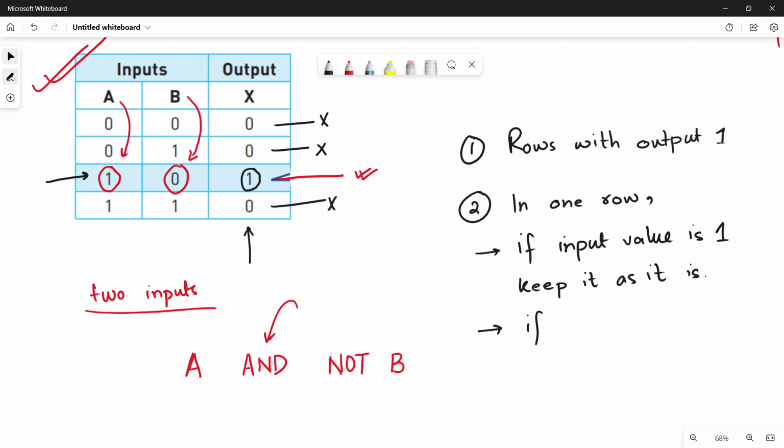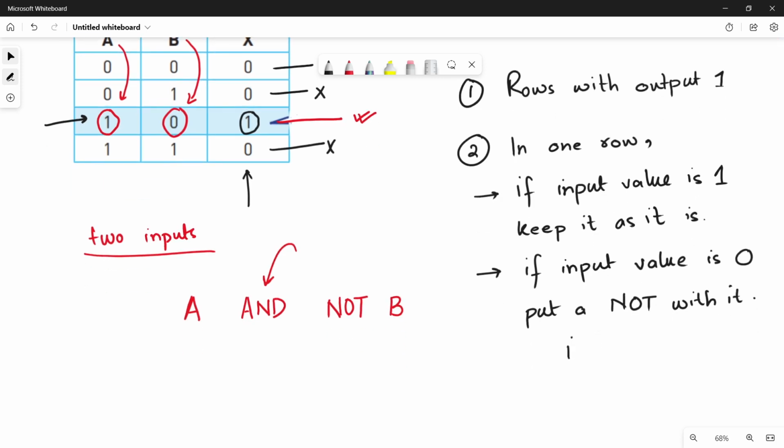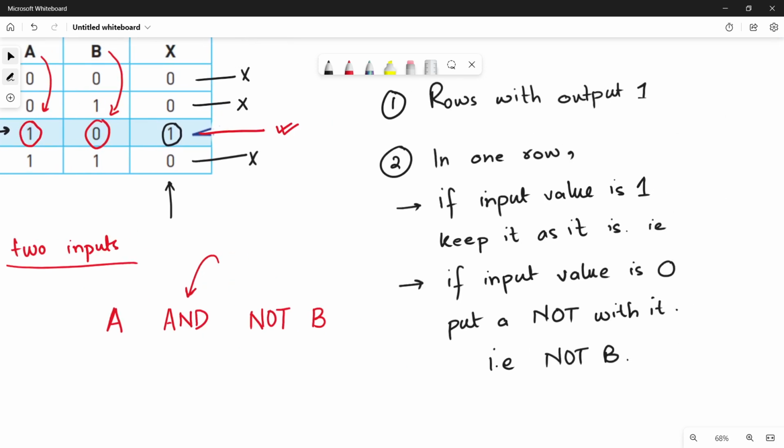If the input value is 0 in the same row, you have to write it with a not. If it is 0, put a not with the input value. Like in our case, it becomes not B, since B has a 0 value in the row that we are considering. And here the example is the way you have considered A.